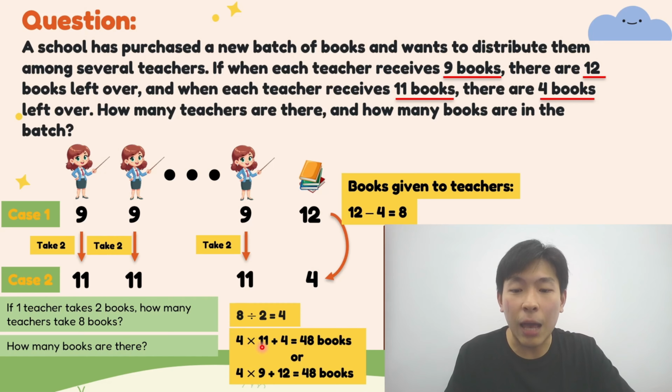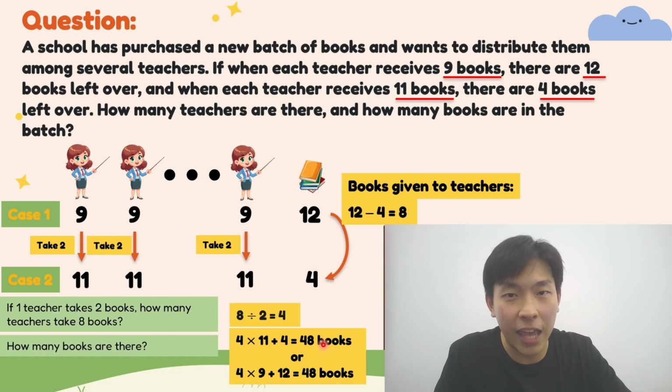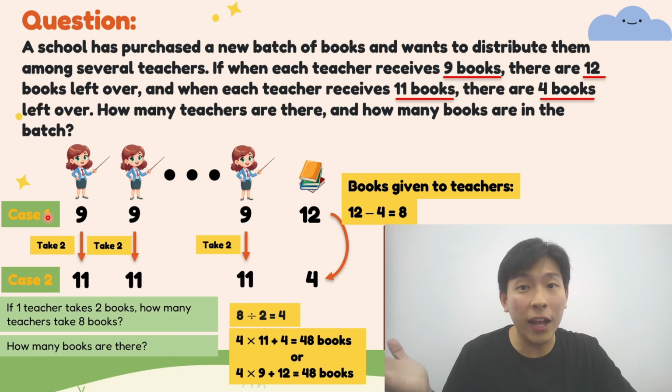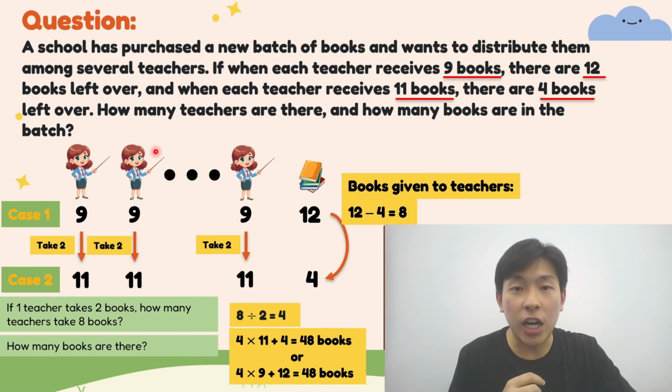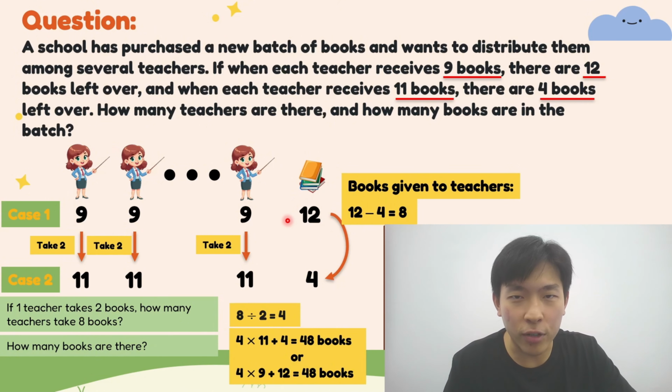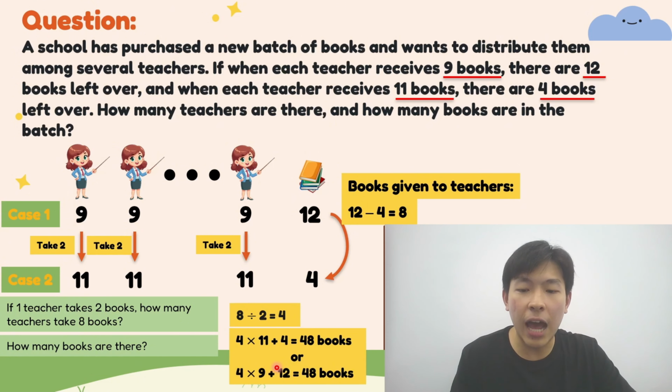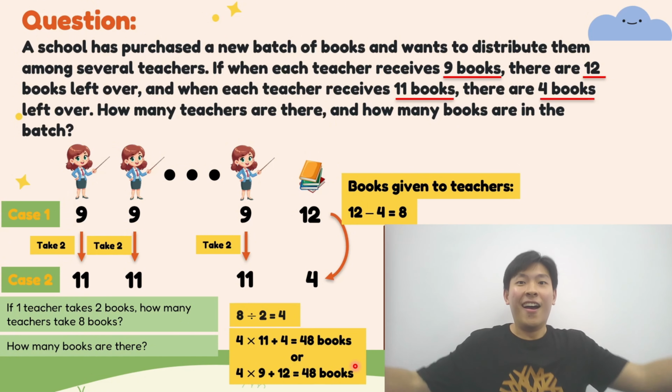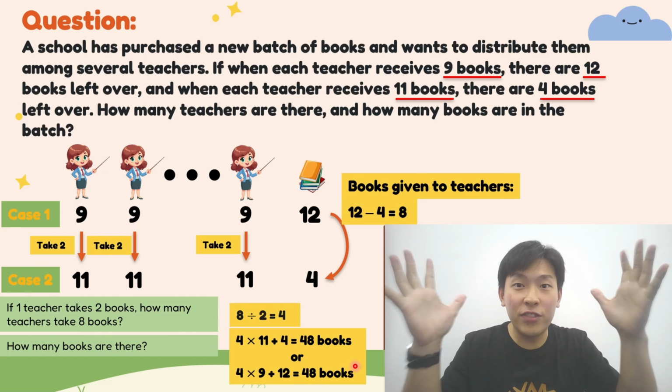So it is 4 times 11 plus 4, which is 48. Or we can also use case 1. We can take the number of teachers, which is 4, multiply by the number of books owned by the teachers, which is 9. Then, we need to add these 12 books that are left over. So 4 times 9 plus 12 equals 48. Good job, everyone! We have solved the problem!